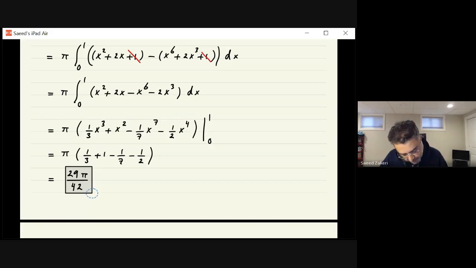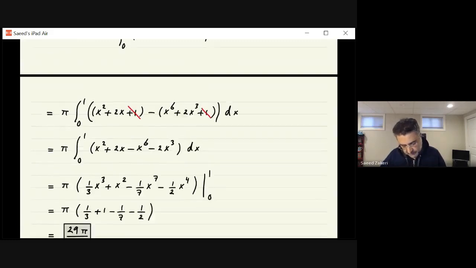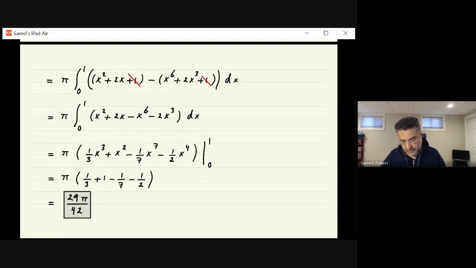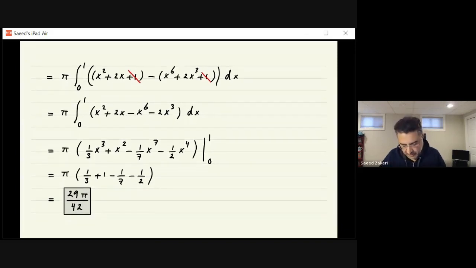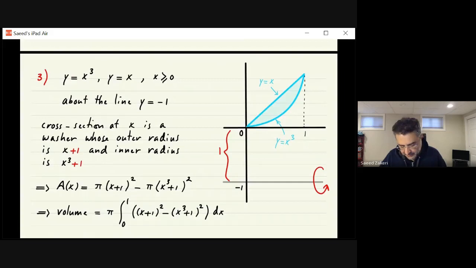Okay. So one more time, the novel feature of this example was that I was given this region, and instead of the usual axis of rotation, which is the x-axis, I moved the axis of rotation further down to the line y equals -1, at distance 1 from the previous case. And I just told you that the effect of this is adding 1 to both functions before you apply the formula.